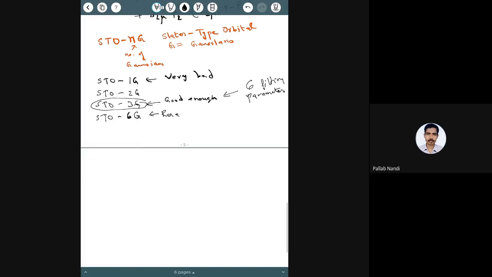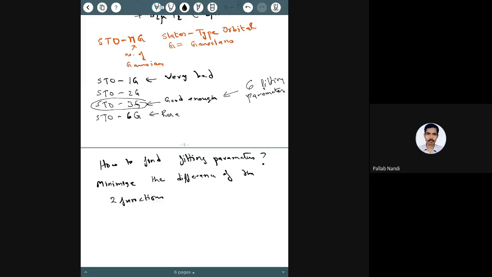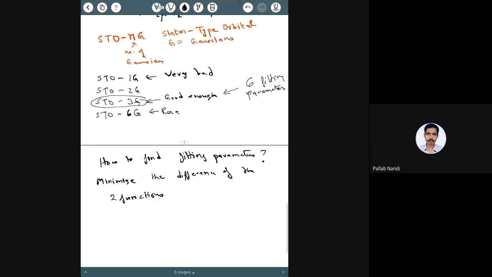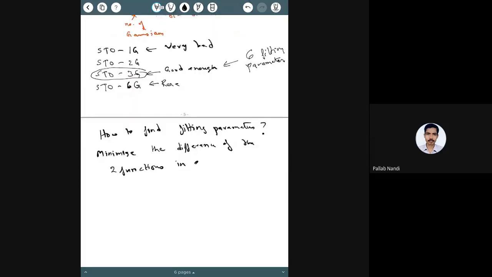So how do you find the fitting parameters? You minimize the difference of the two functions in a least square sense.